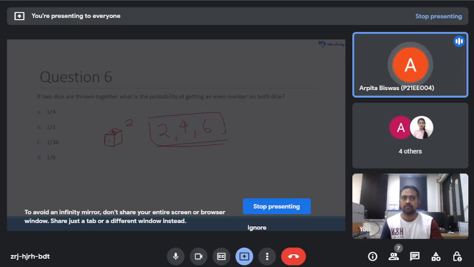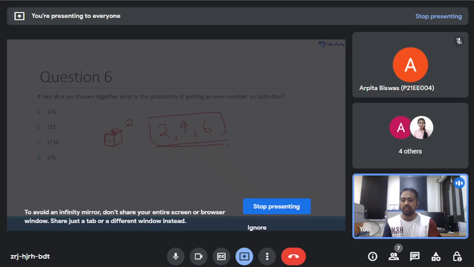I am not talking about probability. I am saying what are the possible things to come. The numbers can be 1, 2, 3, 4, 5, 6. So total 6 numbers can come, right? So I'm not asking probability. I'm asking what are the possible outcomes.